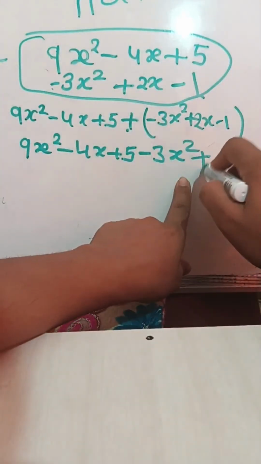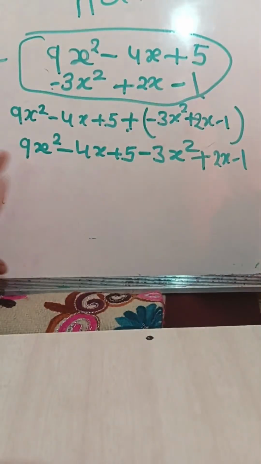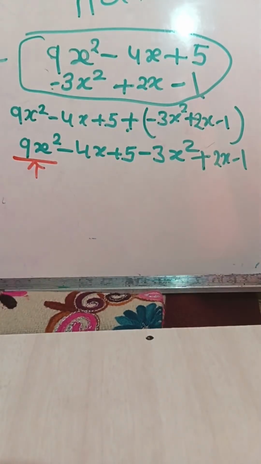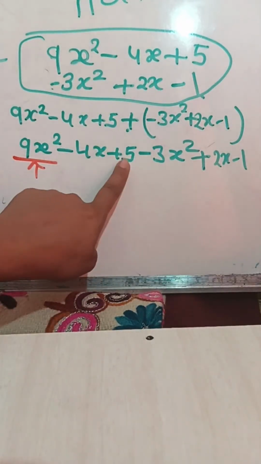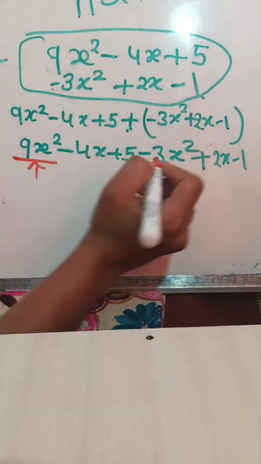Then plus 2x minus 1. Is it clear? Now we take like terms together. What is our first term? 9x square. Just see where another x square term is. Yes, we have another term, that is minus 3x square.